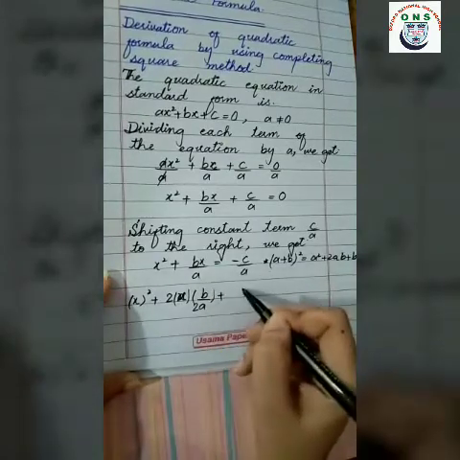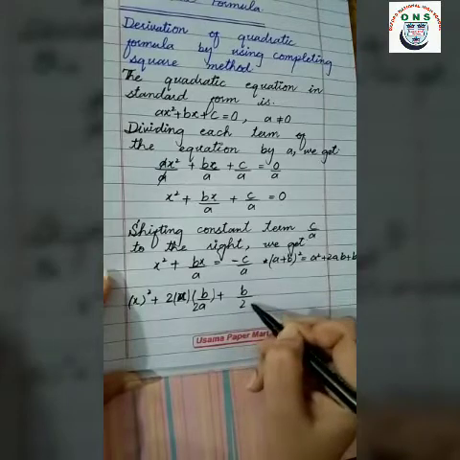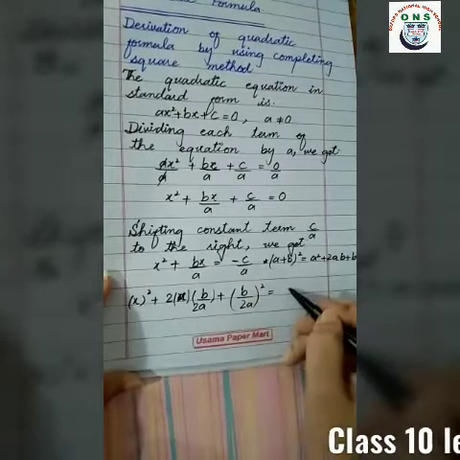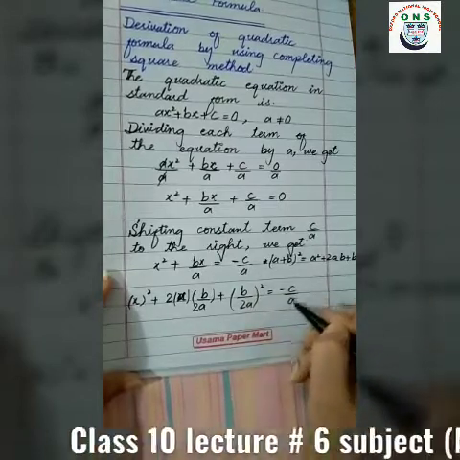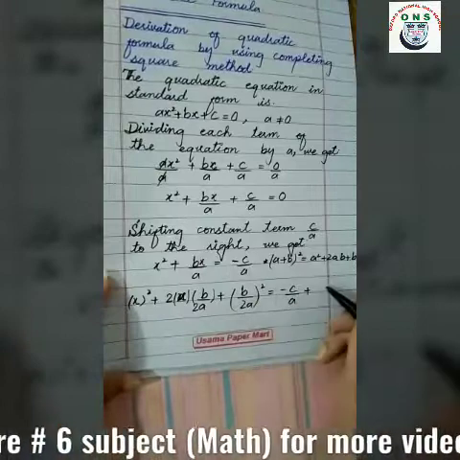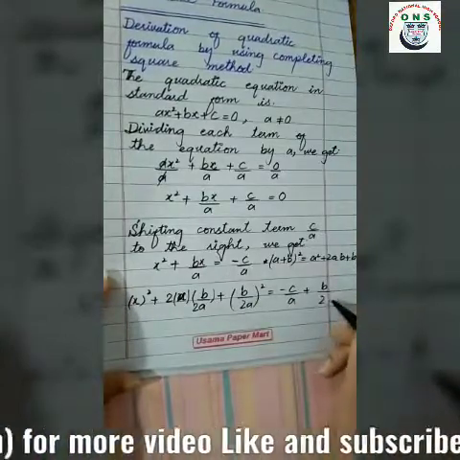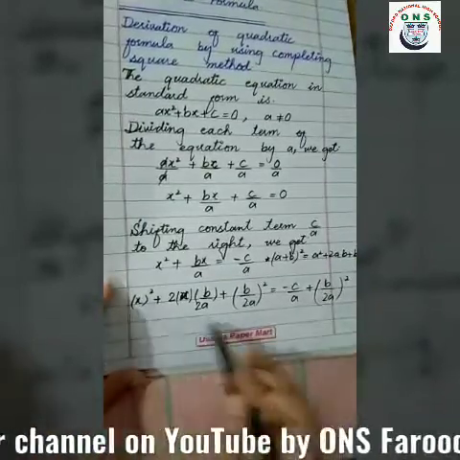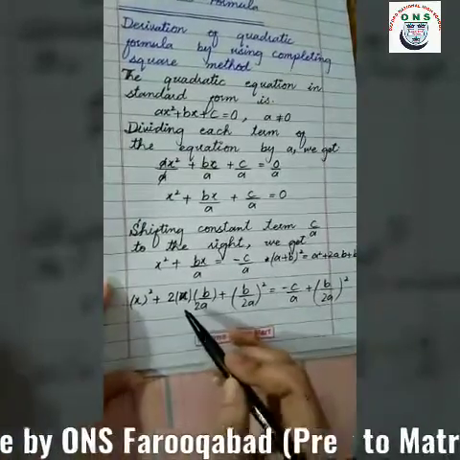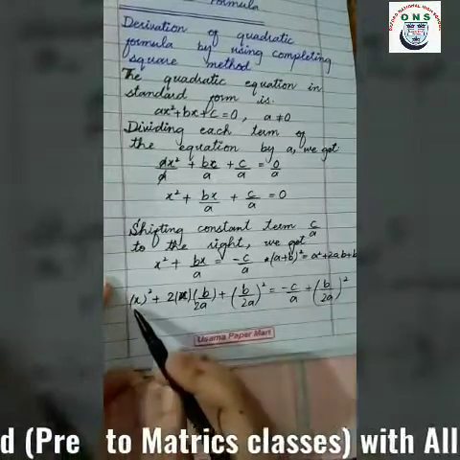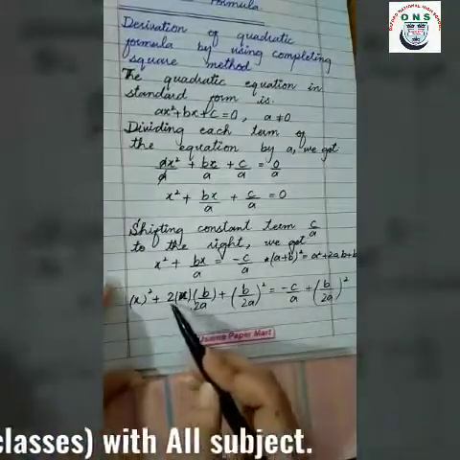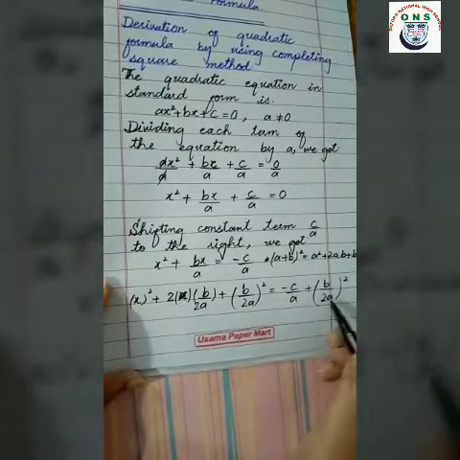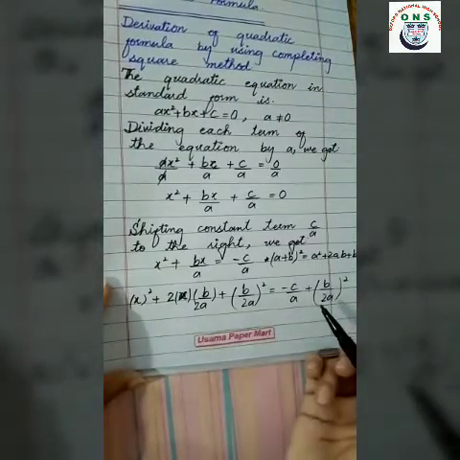It means b is this term, is equal to minus c by a. We will add this on both sides. Now this is the open form of this formula: a square plus b square plus 2a into b. This one we have to add because we have to add on both sides.